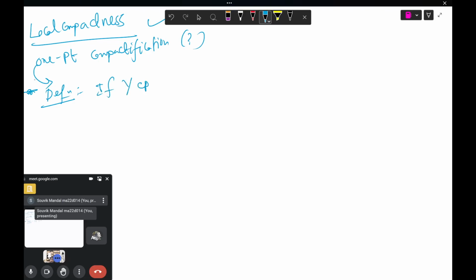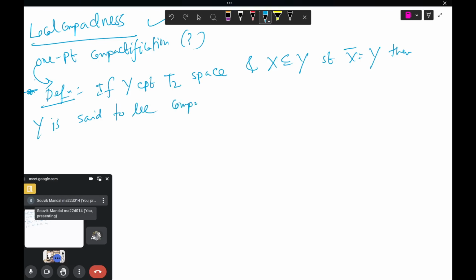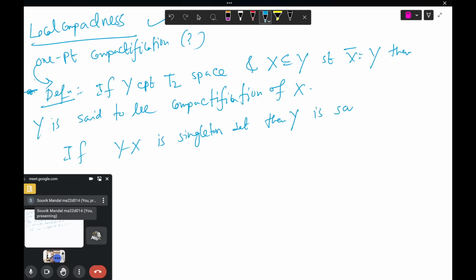If Y is a compact Hausdorff space and X is a proper subspace of Y whose closure is Y, then Y is said to be a compactification of X. And if Y minus X is a singleton set, then Y is said to be a one point compactification.